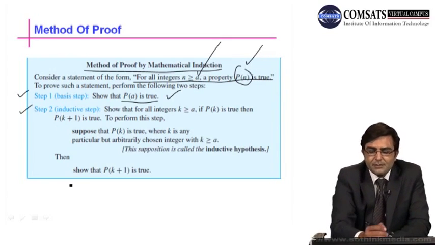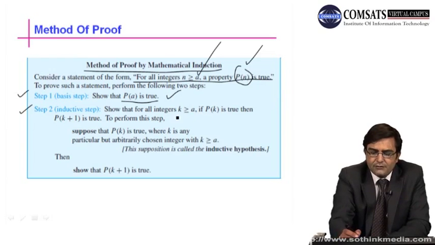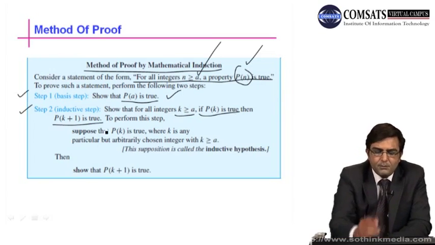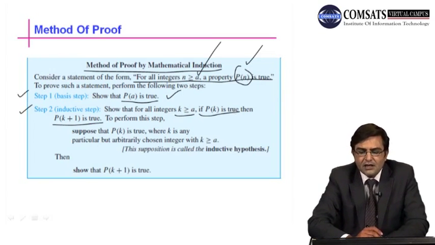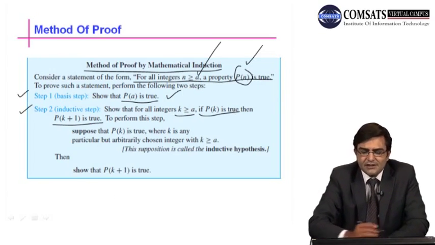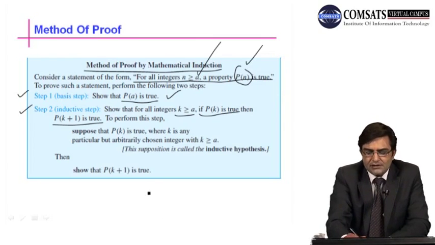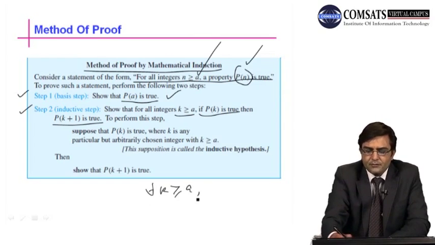Next step, the inductive step, is this: we have to prove the statement that for all integers k greater than or equal to a, if P of k is true, then P of k plus 1 is true. This is basically a conditional statement: for all k greater than or equal to a, P of k implies P of k plus 1.